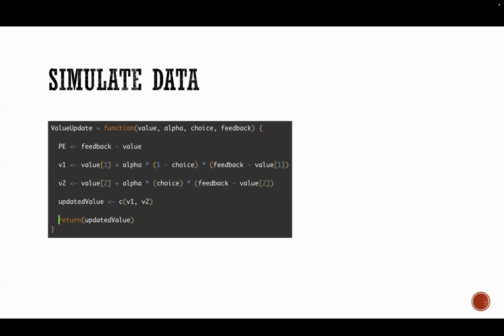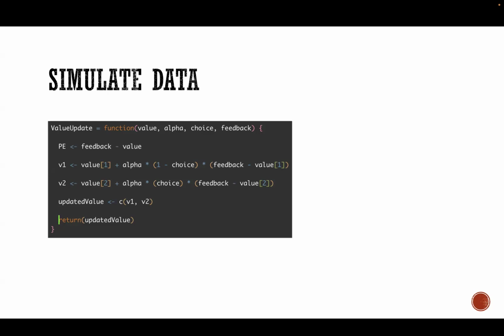And then what I do here is something slightly different from what I said last week. That is, I take the value for the first choice, and I say that it's equal to the value for the first choice at the previous trial, plus alpha, 1 minus choice, times the predictive error.